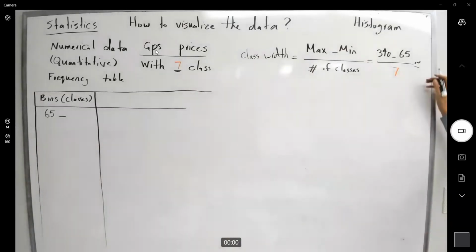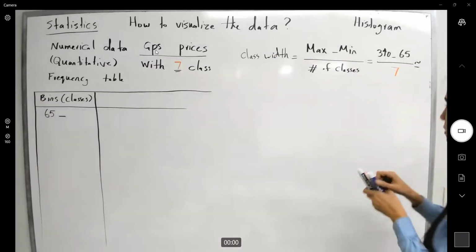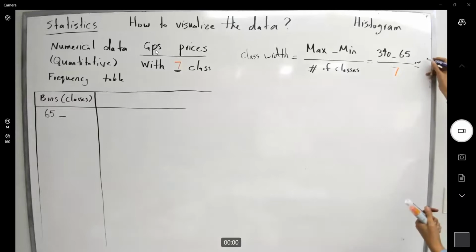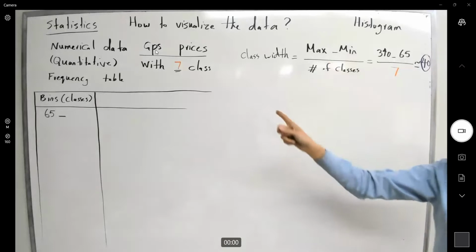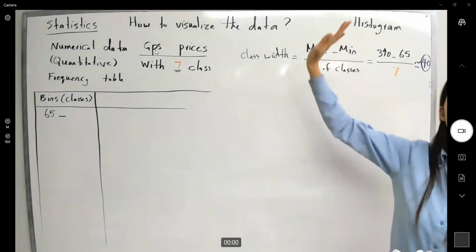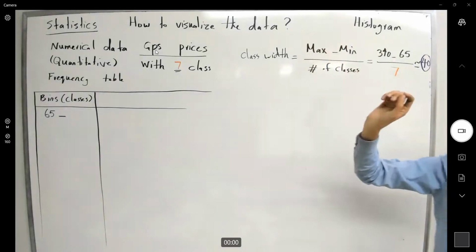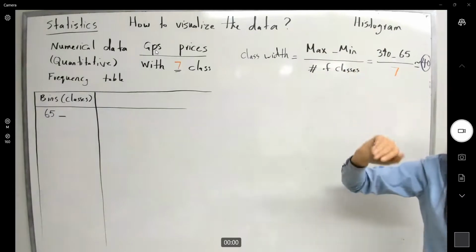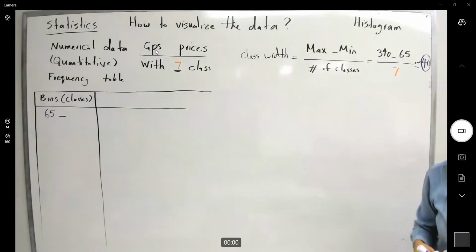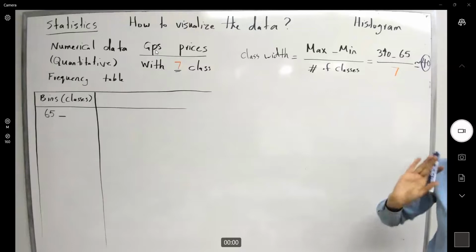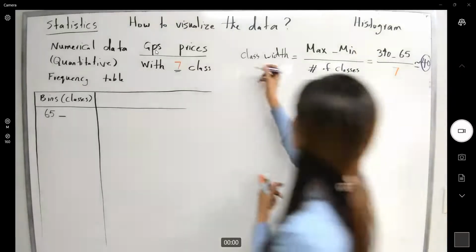We're going to round it up. Round up, it's going to be 40. So, important observation. When it comes to class width, always round up. It doesn't matter if it's 39.1, 39.2, 39.3, 39.4, you always round up.